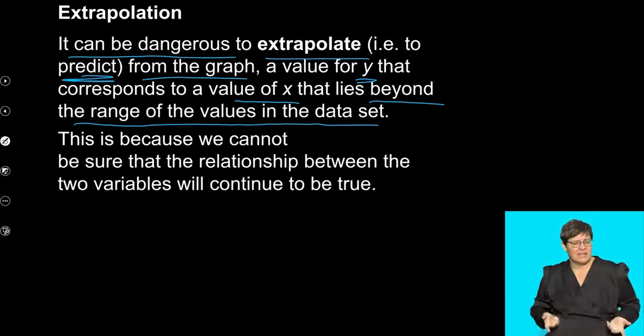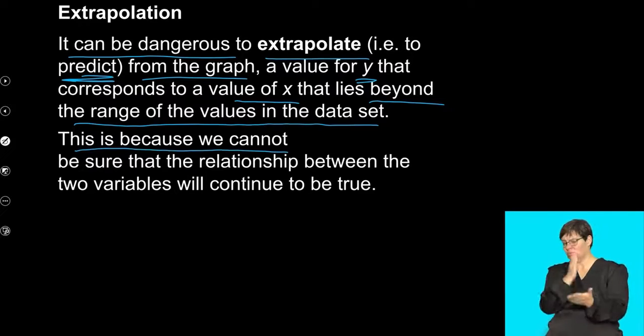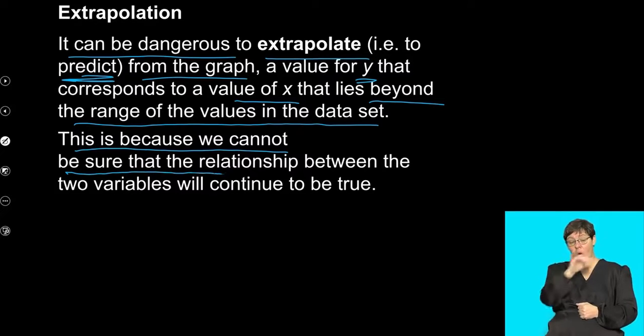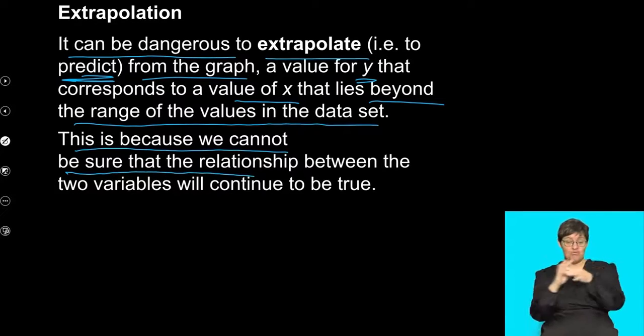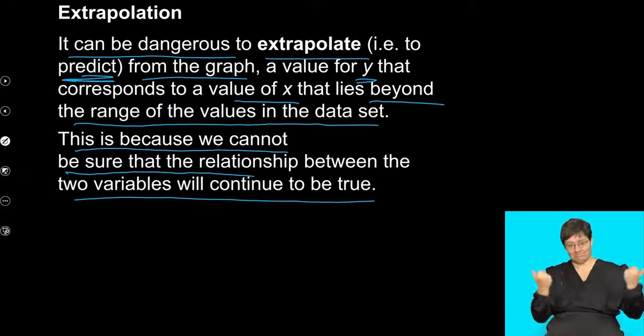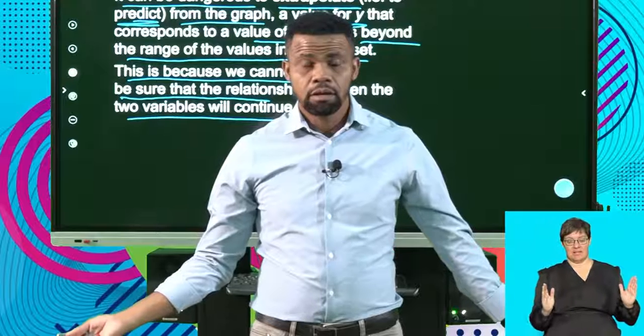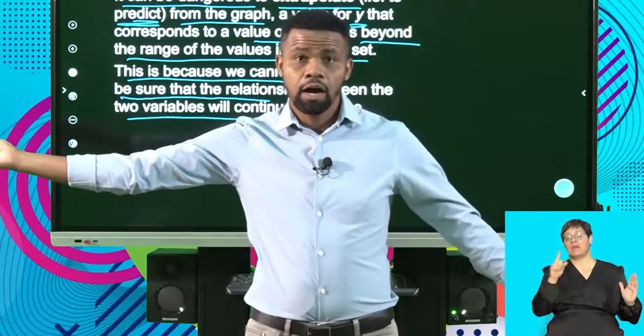This is because we cannot be sure that the relationship between the two variables will continue to be true. If my range is from 5 to 15, I want to know what is happening at 20.